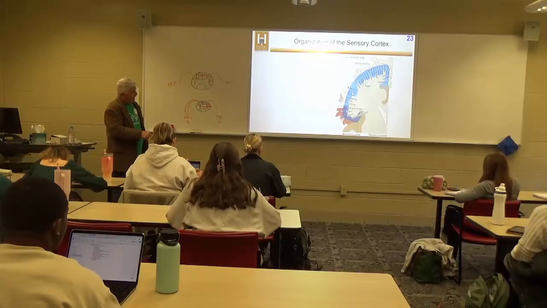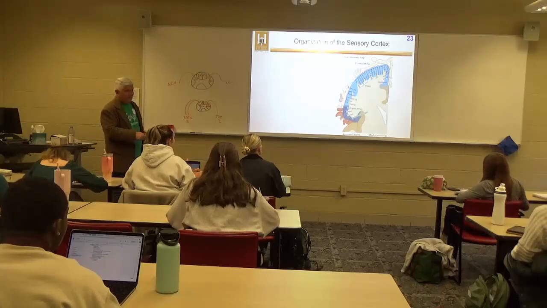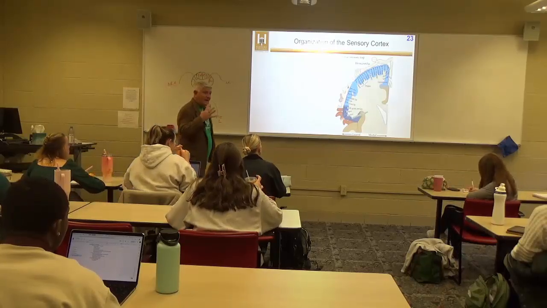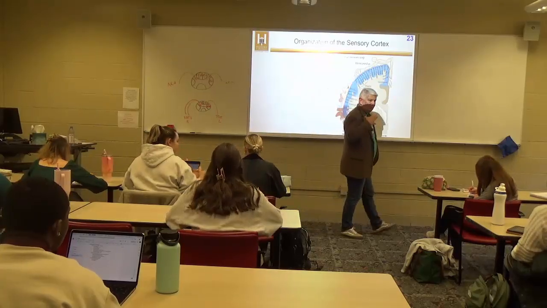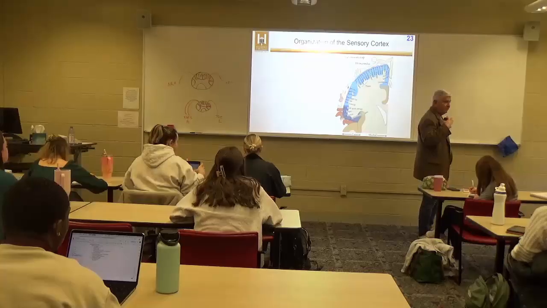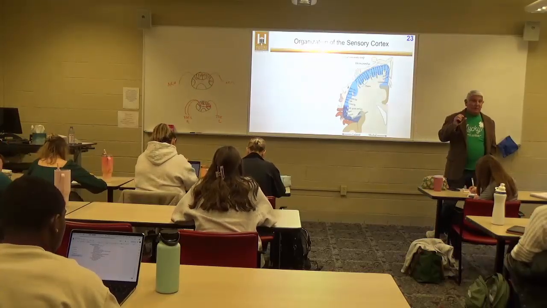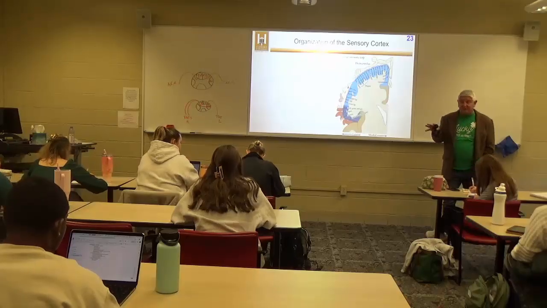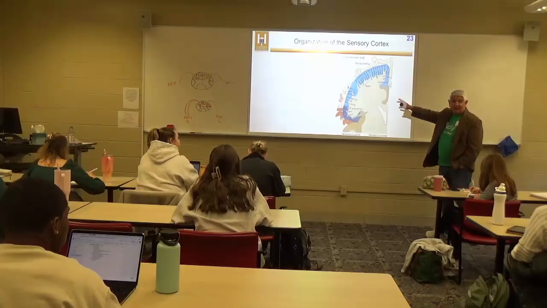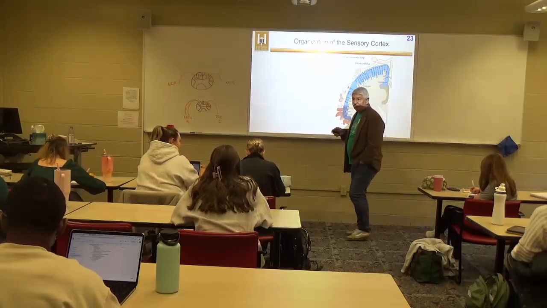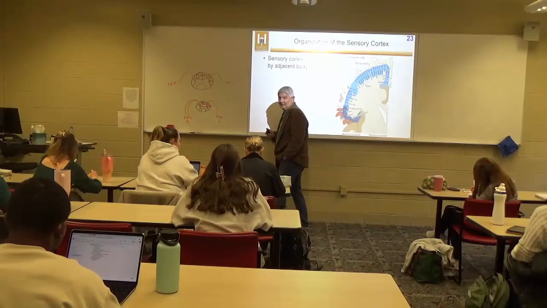All of that area, what would you say that is? 60% of the cortex is for your hands and for your face. Where do we have the most receptors? The hands and the face. So we're sending a lot more information to the brain, and we're devoting a lot more processing power in the brain to those particular areas. Very little to the rest of our body.